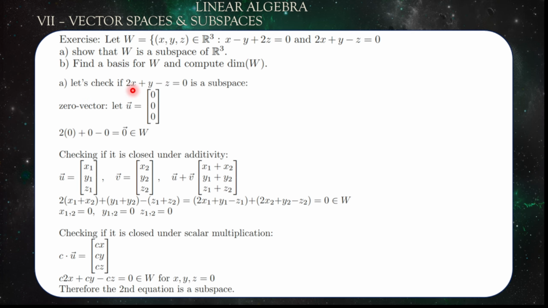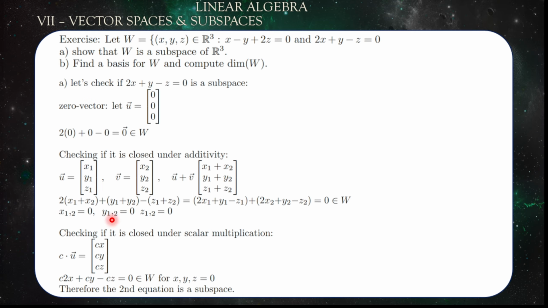So 2 times (x1 plus x2) plus (y1 plus y2) minus (z1 plus z2). You end up with 2x1 plus y1 minus z1 plus 2x2 plus y2 minus z2, which is equal to 0, given that the x1, y1, z1 expression is 0 and the x2, y2, z2 expression is 0. So it is closed under additivity.